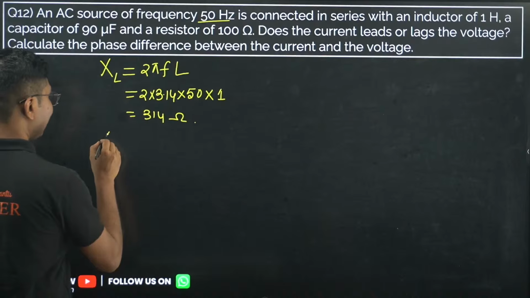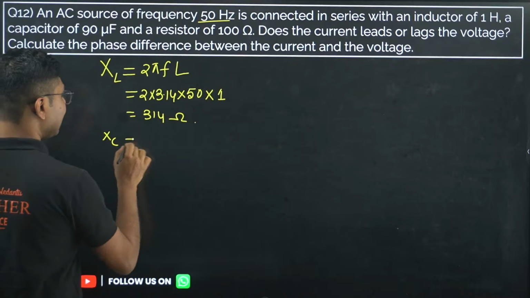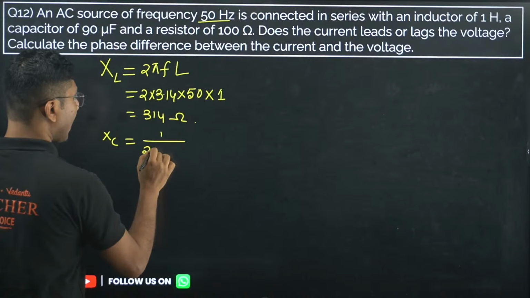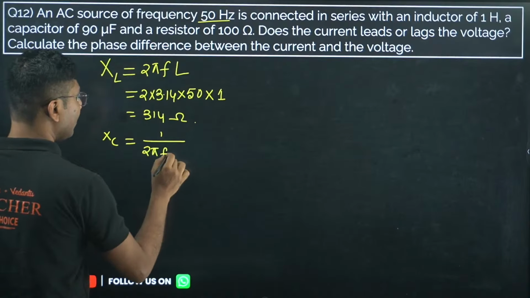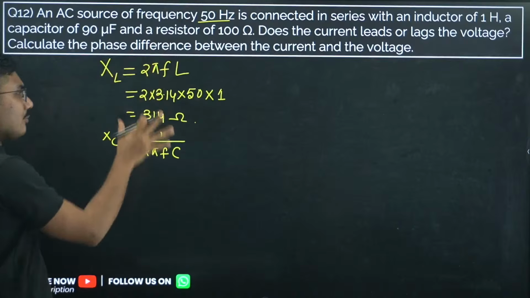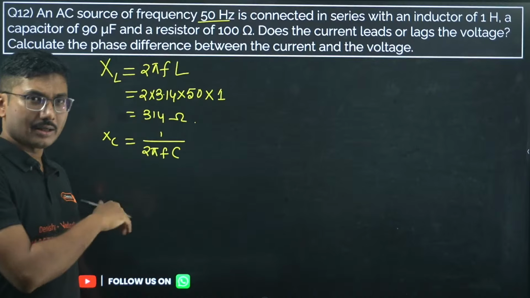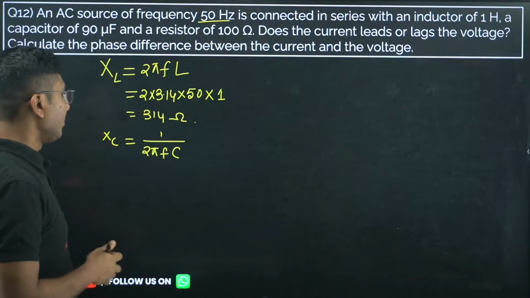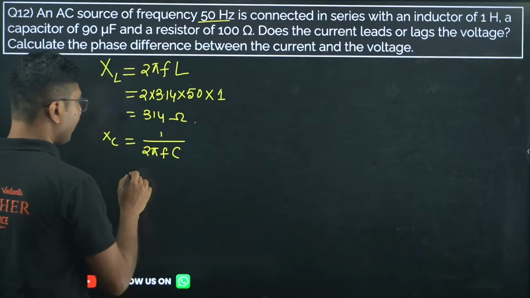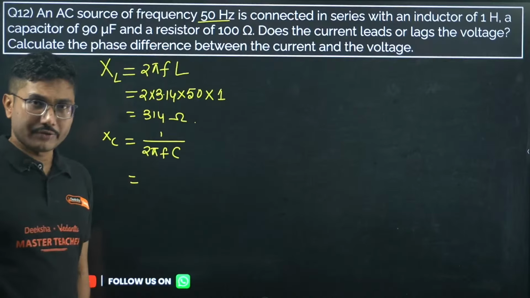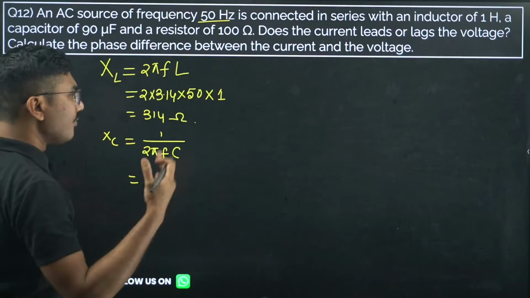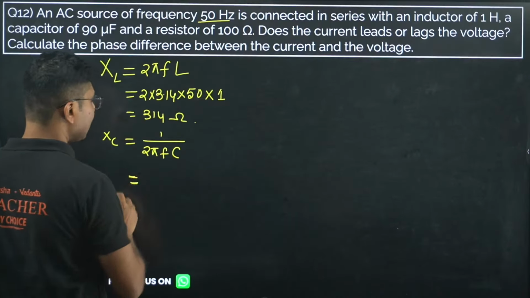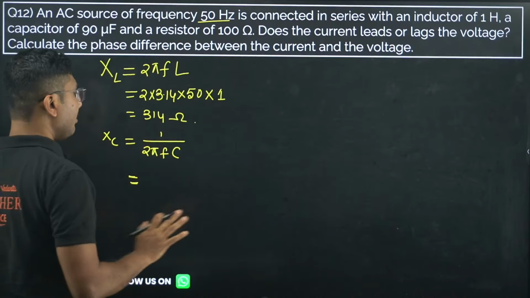What about XC? Now let's calculate XC. XC is 1 by 2 pi f into C. So these two formulas are the backbone of this chapter, along with the resonance formula and impedance. So if you remember these 4 formulas, you can solve any question. And phase difference we will learn. Phase difference may or may not be asked, but these formulas are always asked.